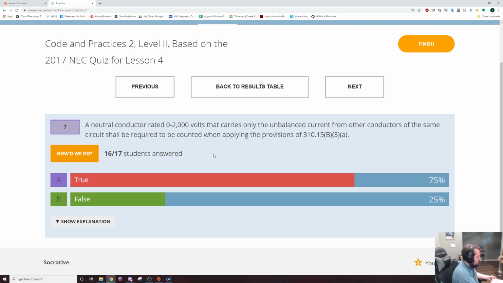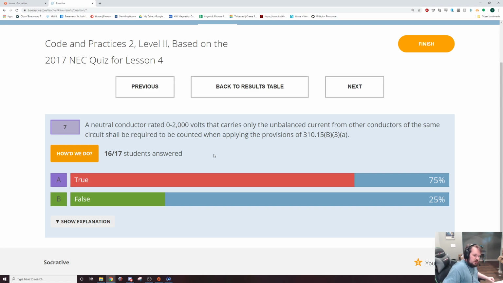That's a table, I believe. And if you look at 310.15, probably B. Yeah, B5.